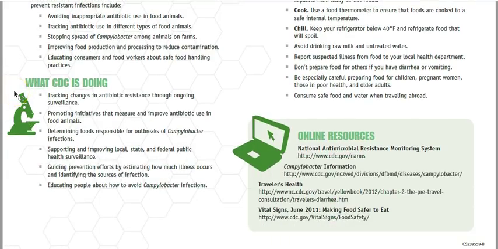What CDC is doing: tracking changes in antibiotic resistance through ongoing surveillance, promoting initiatives that measure and improve antibiotic use in food animals, determining food responsible for outbreaks of CL infections, supporting and improving local, state, and federal public health surveillance, guiding prevention efforts by estimating how much illness occurs and identifying the source of infection, educating people about how to avoid CL infections.